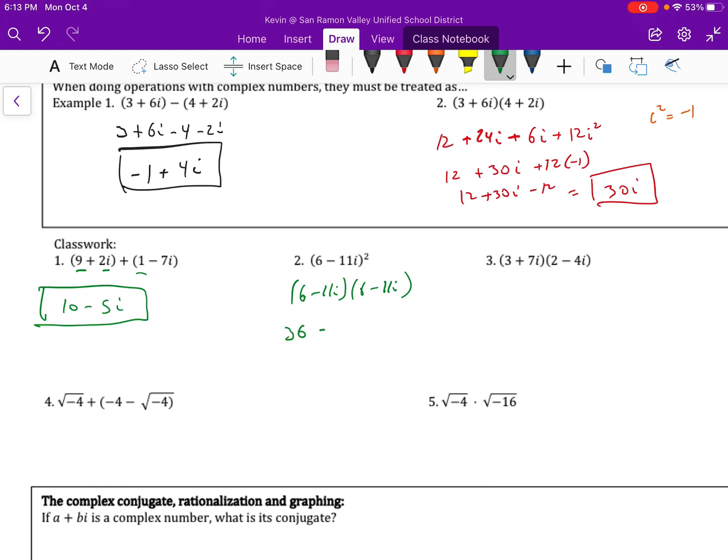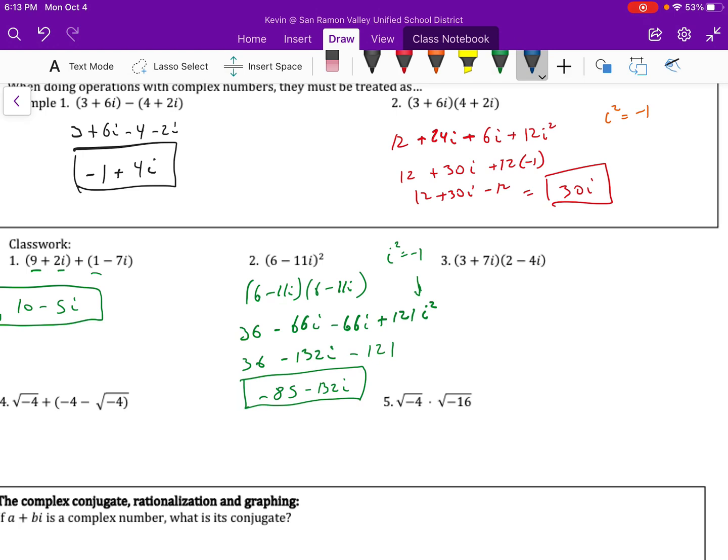Multiply all this together, 36 minus 66i minus 66i, and then add 121i squared. 36 minus 132i, and then 121 times i squared again. i squared equals -1, so this is going to be -121. 36 minus 121 is going to give me -85 minus 132i.